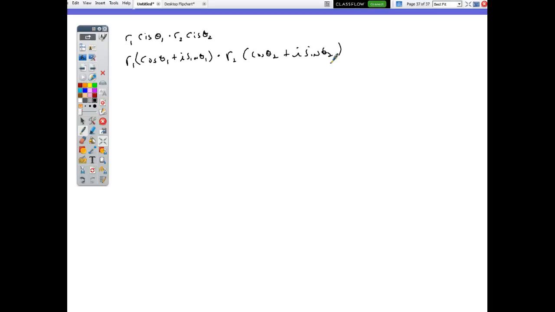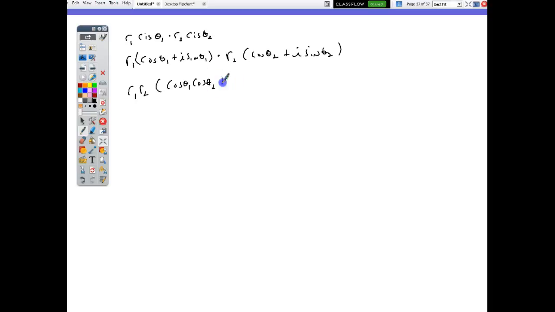Now, you all know how to FOIL, correct? So we're going to put the R1 and the R2 together, and I'm going to start FOILing. I look over here: cosine theta 1 times cosine theta 2, that's the firsts.